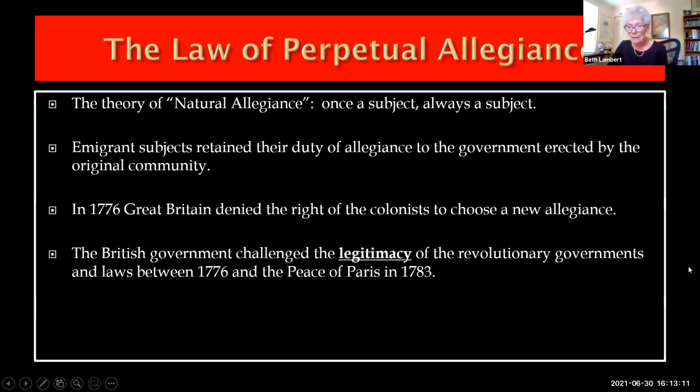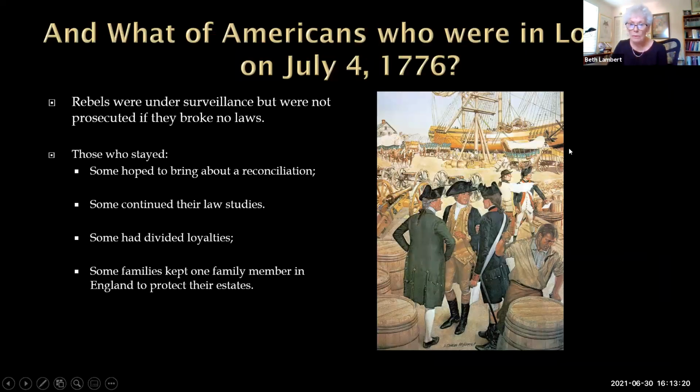So this whole thing figured very predominantly into the War of 1812. So it never ends. Okay, what about the Americans who were in London on July 4th, 1776?